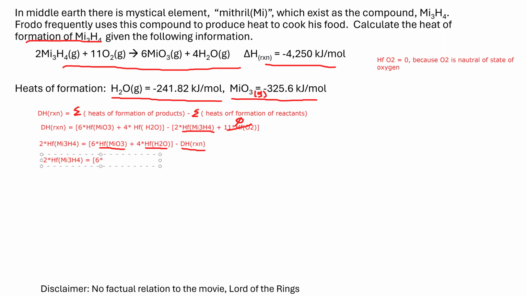Six times... so that's the heats of formation of products multiplied by their coefficients. Now, since delta H is negative and we're subtracting, that's going to be a positive 4,250.